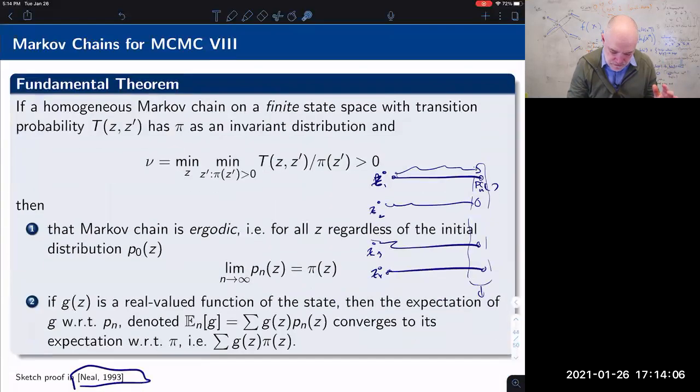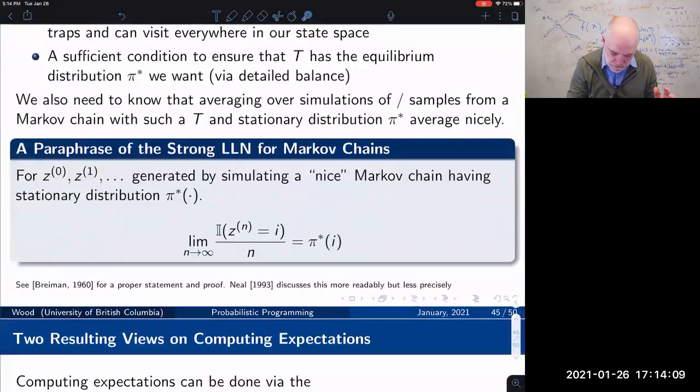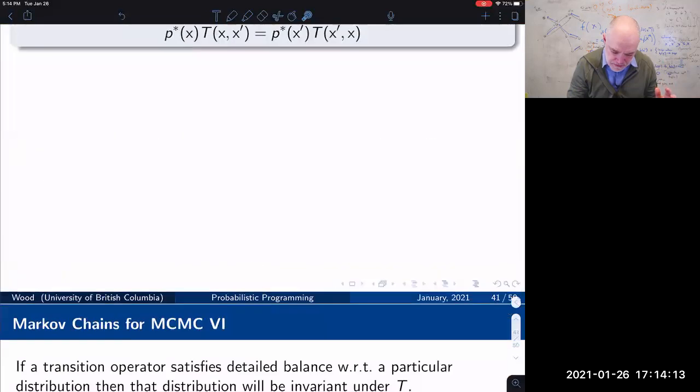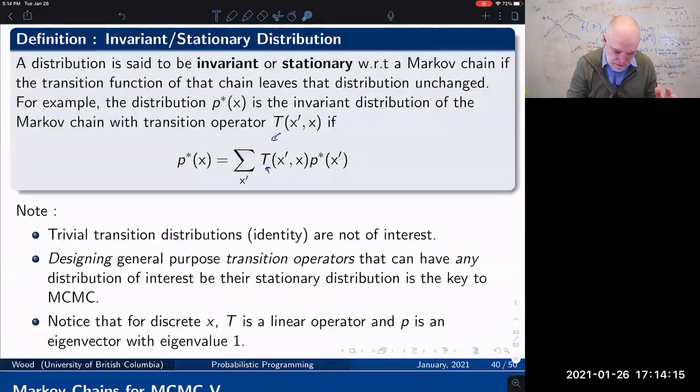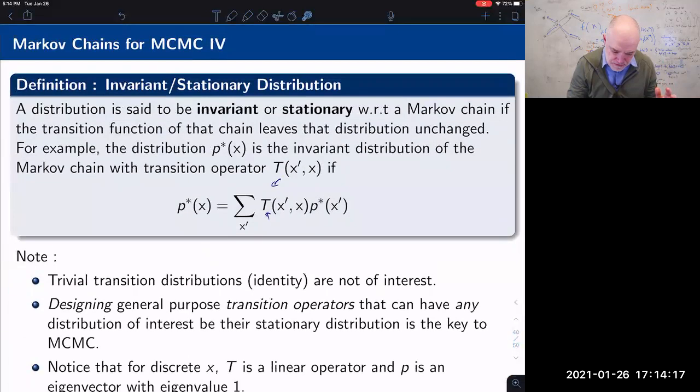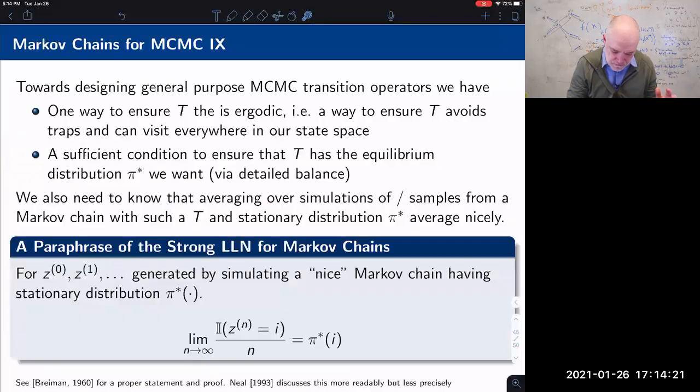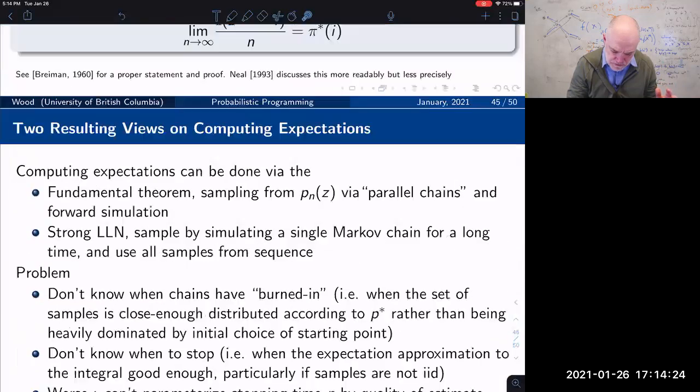Where did it go? Sorry. Give me a second. Maybe it's here.